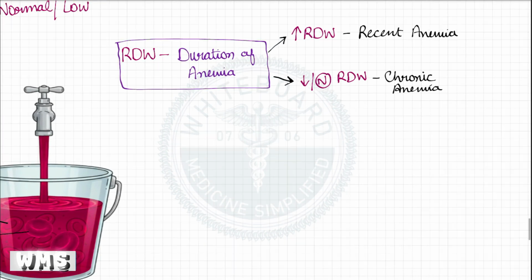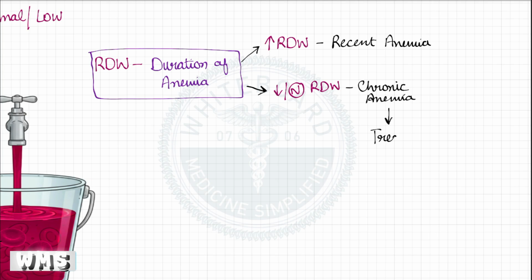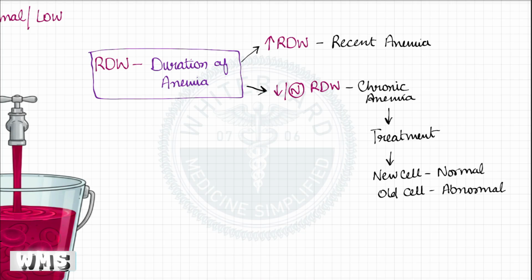And also, when we begin treatment in chronic anemia, the bone marrow starts producing normal-sized RBCs again. These new normal cells mix with the older abnormal ones, thus again increasing the size variation. As a result, RDW rises during recovery.